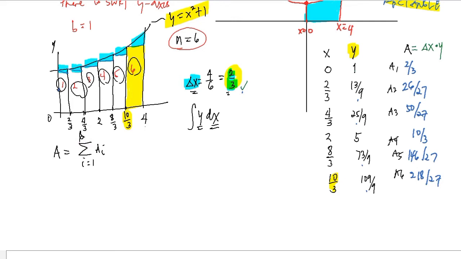So, hanggang 6 lang tayo. May typo error sa module 8 yung nakasulat. 6 lang to. So, this is equal to area 1 plus area 2 plus area 3 hanggang makarating tayo ng area 6. Stop tayo doon sa area 6.